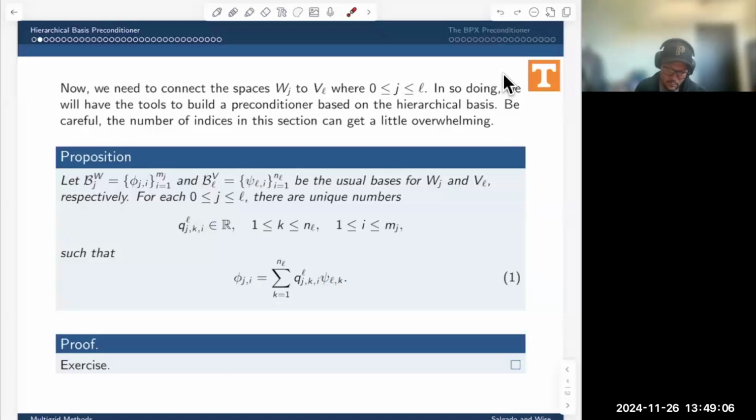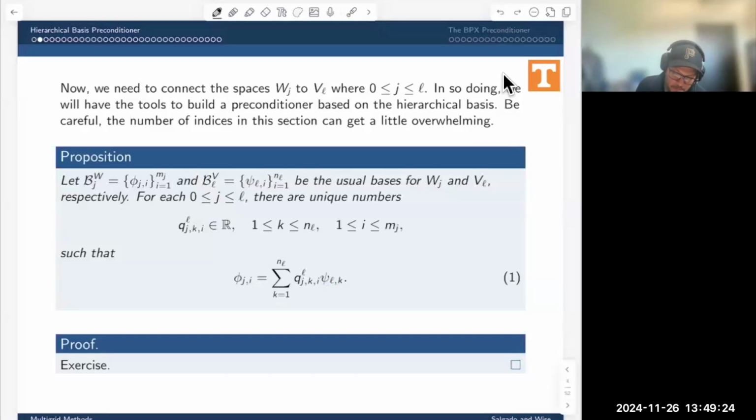So what is this saying? Well, this is a basis element from this space, and this is the fine level basis function. Each one of these elements is going to be in the space VL. So that's how you would get the proof.